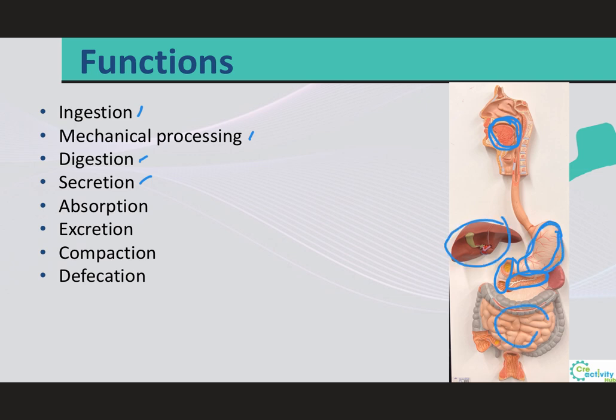Next is absorption, which is the movement of organic molecules and electrolytes and vitamins, and definitely water across the digestive epithelium and into the interstitial fluid of the digestive tract. Now, a small amount of absorption already starts to occur in the oral cavity, but most of the absorption occurs in the small intestine.